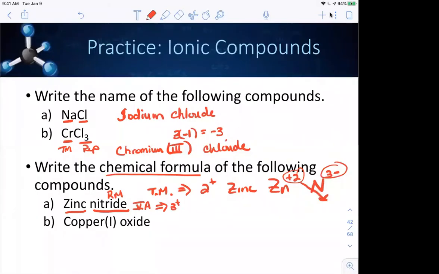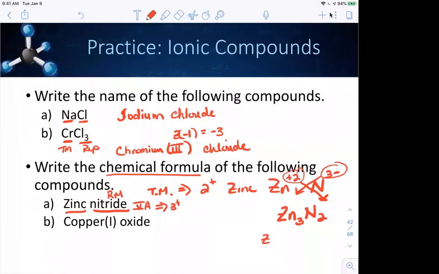Knowing these charges, what formula do I get? I can use the crisscross method, or I can think of the fact that if I have zinc, I need a +2 and a +2 and a +2 to give me a +6, which means I need 2 nitrogens to give me a -6. So the formula here would be Zn3N2.